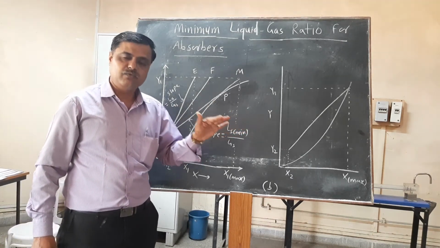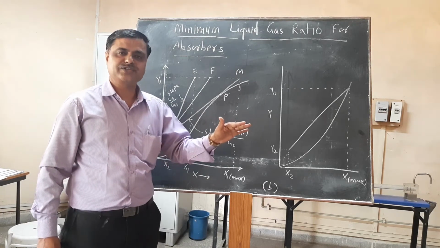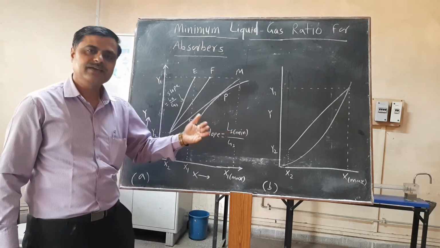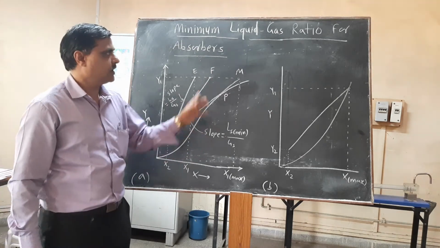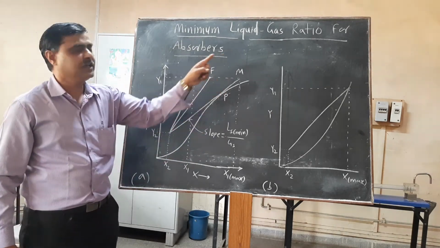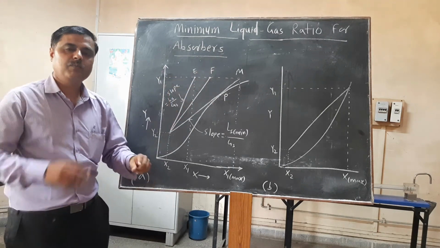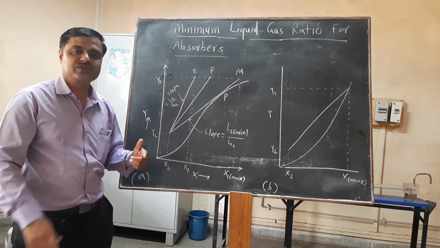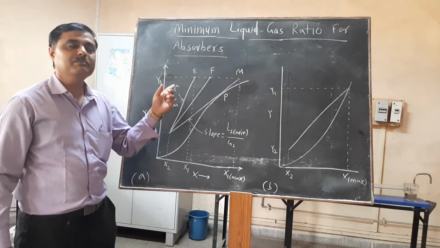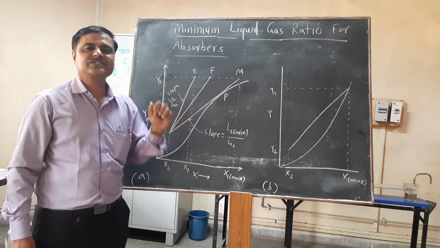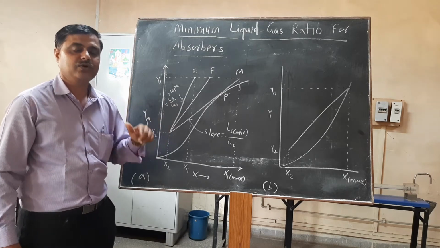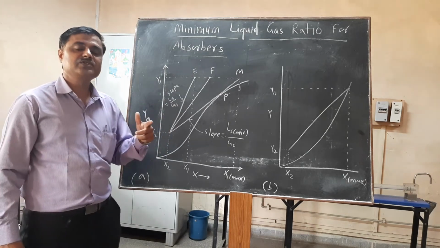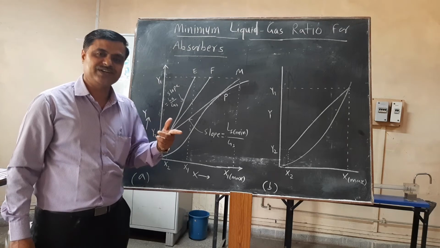Once you know the minimum liquid to gas ratio, you can take a higher value for the actual liquid to gas ratio. For the absorber, we consider the minimum liquid to gas ratio. For the stripper, it is reverse, so we call it the maximum liquid to gas ratio, because stripping is the reverse of absorption.